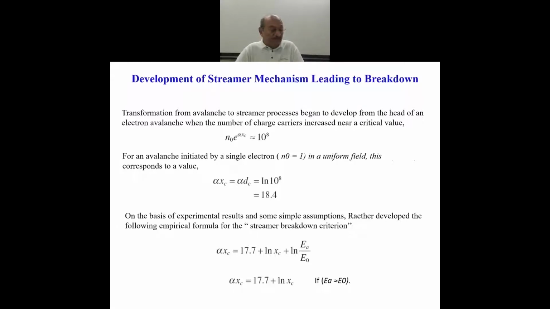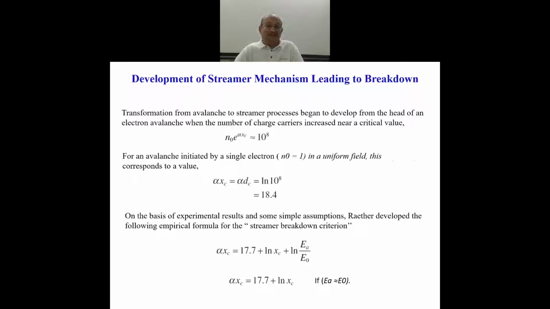This was discovered by Raether. That means the spark breakdown, as we call it in gaseous dielectrics when breakdown occurs, we would have called it spark breakdown.